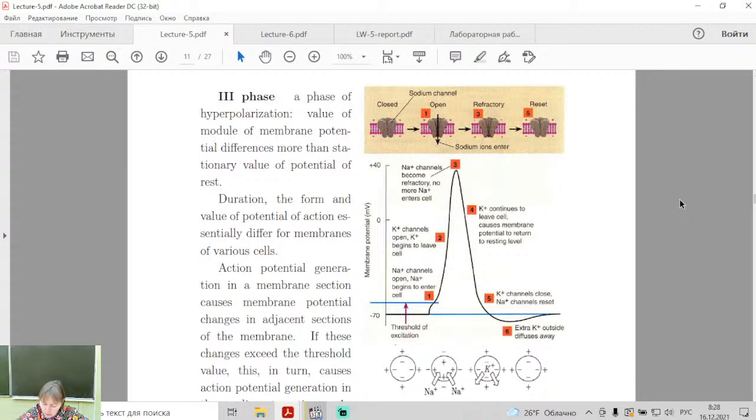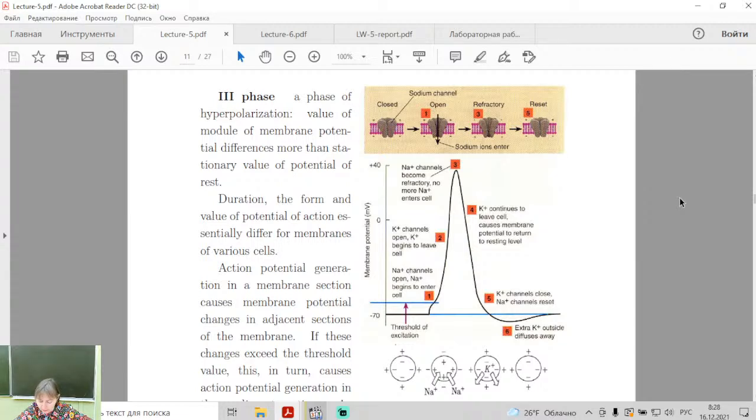The duration, the form, and the value of the action potential essentially differ for membranes of various cells. Action potential generation in a membrane section causes membrane potential changes in the adjacent section of the membrane.